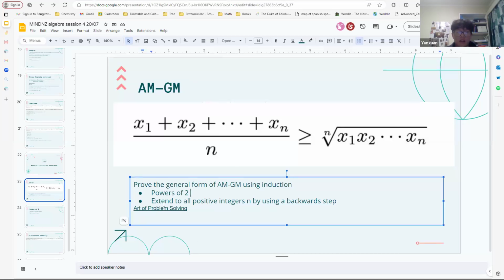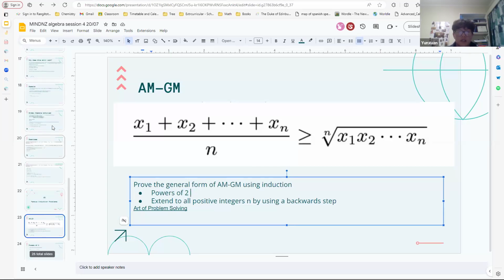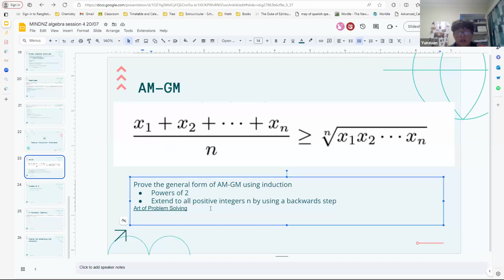So the steps to proving it would first be to prove the powers of 2 work, which seems a bit absurd from what we've been doing so far, because so far we only did consecutive integers, but now we're going to powers of 2, which is basically just consecutive powers of 2. And then after that, we extend it to all positive integers by using a backwards step.